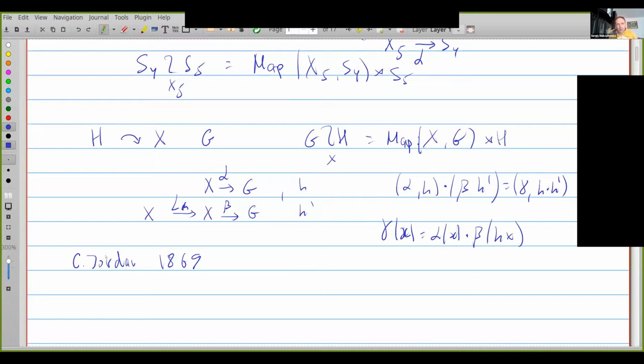He also proved the well-known Jordan curve theorem, that every closed curve on a real plane bounds a disk. So there is a homomorphism which maps this maybe strangely shaped picture to the unit disk.